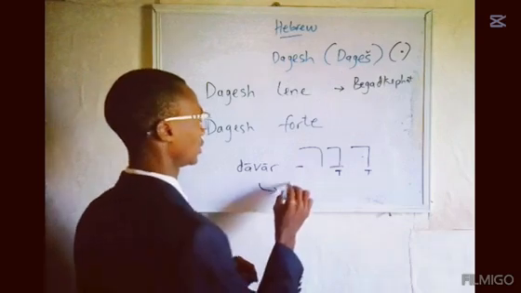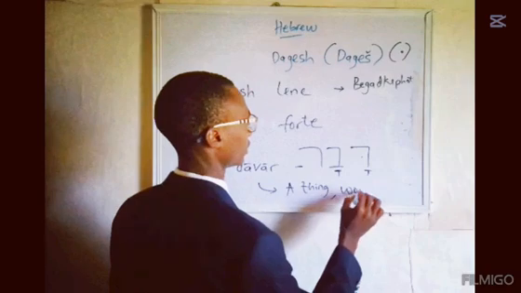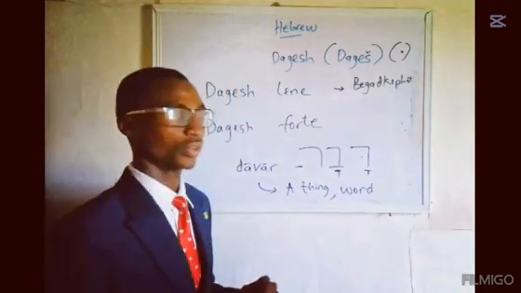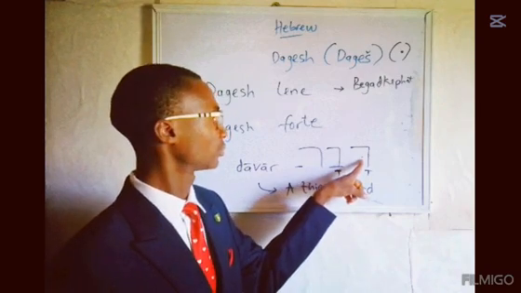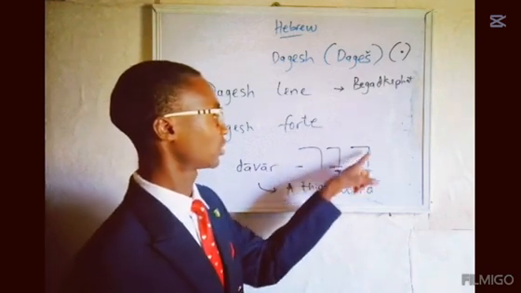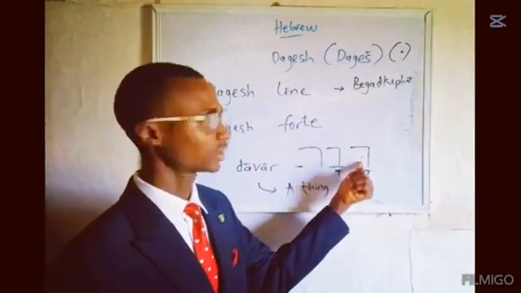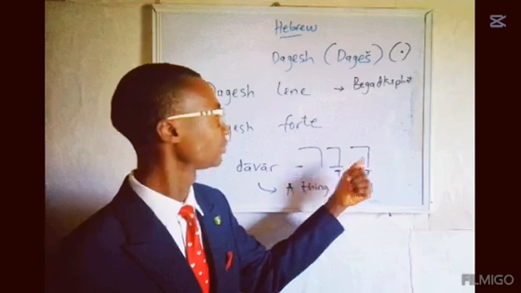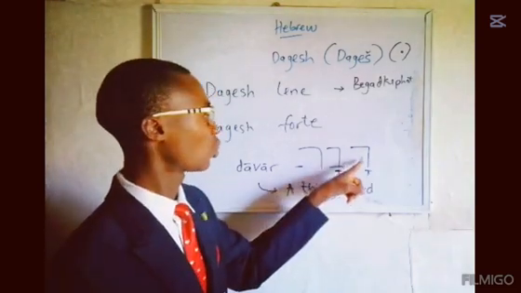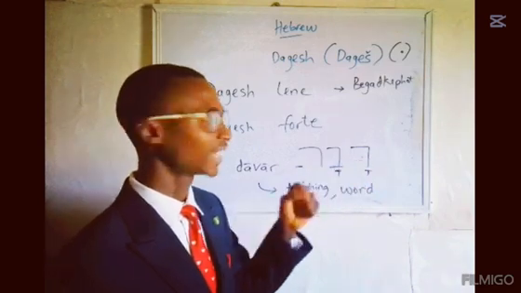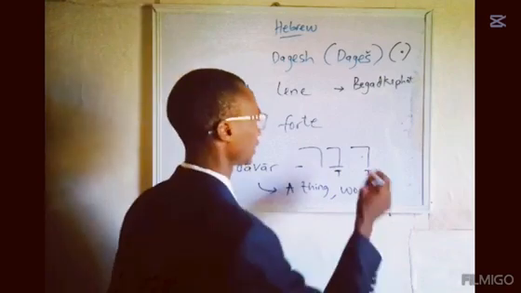And it means a thing or a word. So this dot is a Dagesh Lene, because this is one of the Begadkefat letters. So they allow for a Dagesh, and that Dagesh is called Dagesh Lene. And another thing to note is that once this dot is introduced, it adds to the pronunciation of this word. It becomes de.